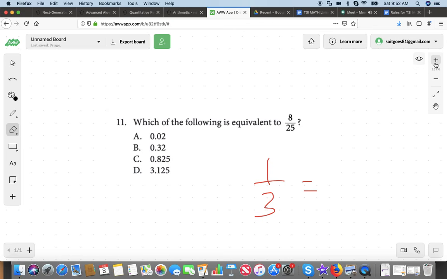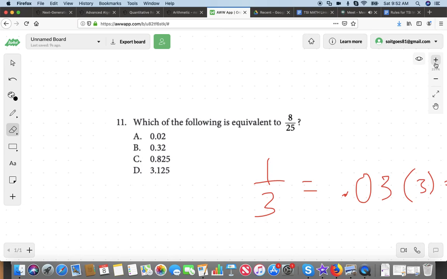So for the correct answer choice, let's say you think it's 0.03. Well, multiply that by 3, and what do you get? You don't get 1. What do you get when you multiply 0.03 by 3? You'd get 0.09.